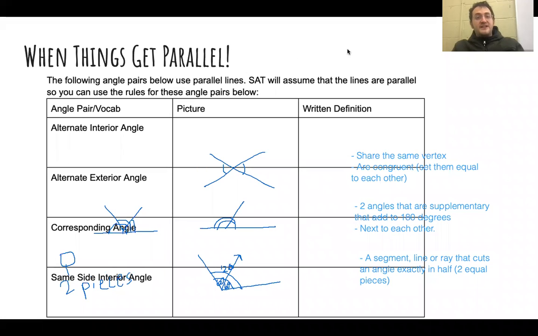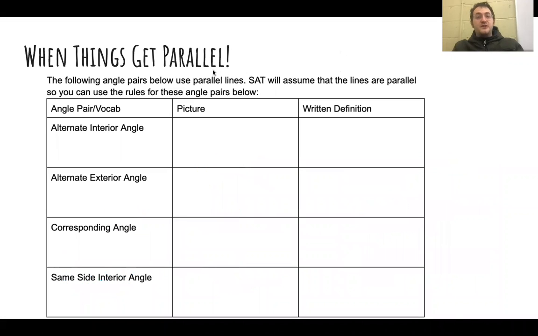What we're also going to see are angle pairs that deal with parallel lines because they make up other shapes as well, especially things like networks of triangles or parallelograms. So the first is the alternate interior angle. That looks like this.